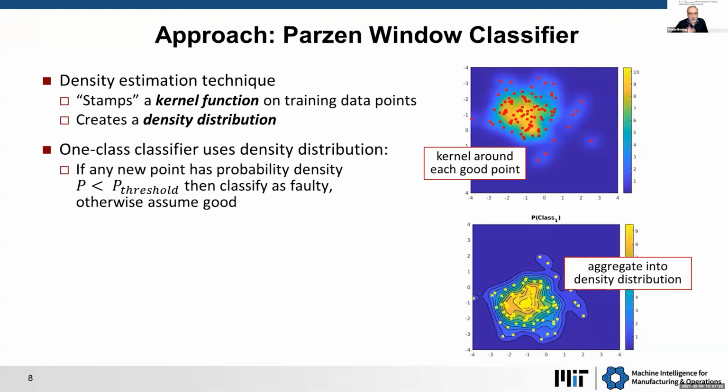As you aggregate this over known good data, you can build up a probability density map for the probability of seeing those points. Now you can imagine using this in inference, where if a new point that you observe has a probability density below some threshold, it's highly unlikely to have been seen, then one can classify that as faulty. Otherwise, you would assume it's good.